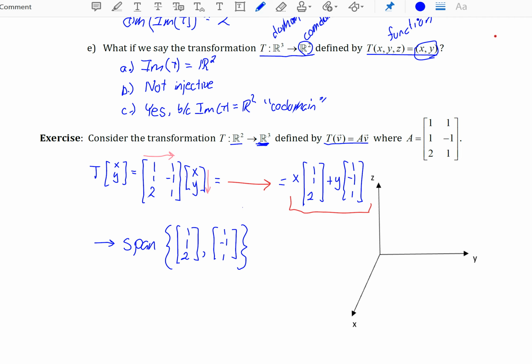Now, thinking about the terminology and the ideas of chapter 3, what is the span of these two vectors? Maybe our first vector (1, 1, 2) would be a vector pointing 1 in the x direction, 1 in the y direction, and 2 in the z direction.